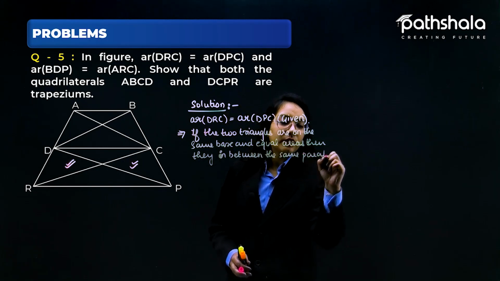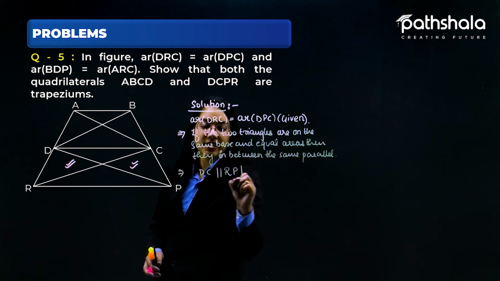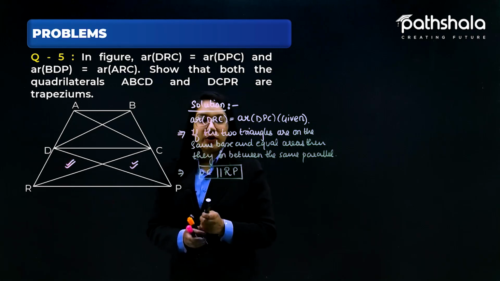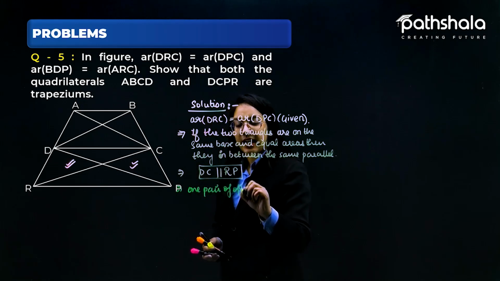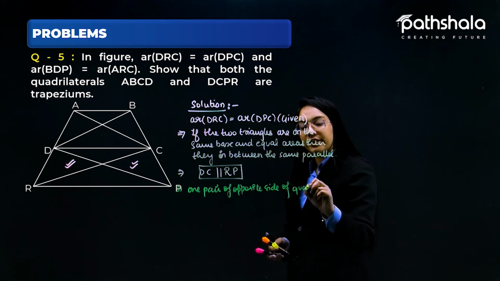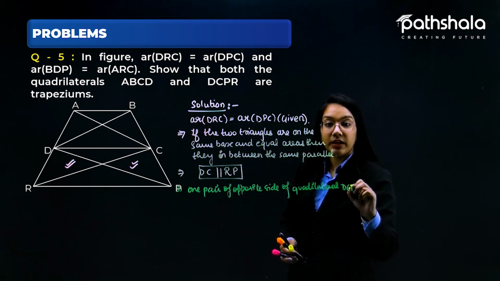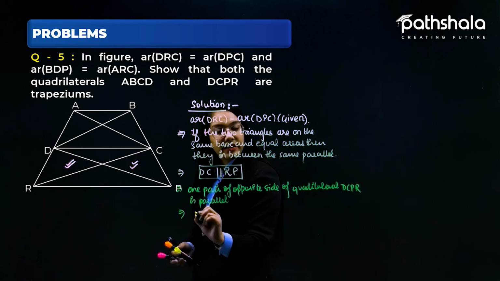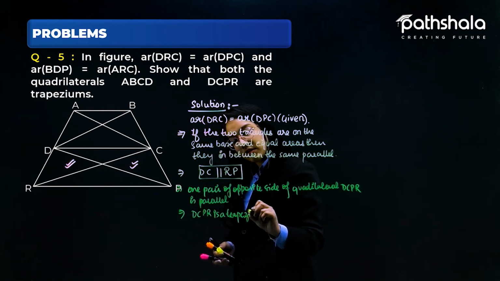Using this theorem, we can say that DC is parallel to RP, which implies that one pair of opposite sides of the quadrilateral DCPR is parallel. It implies DCPR is a trapezium.